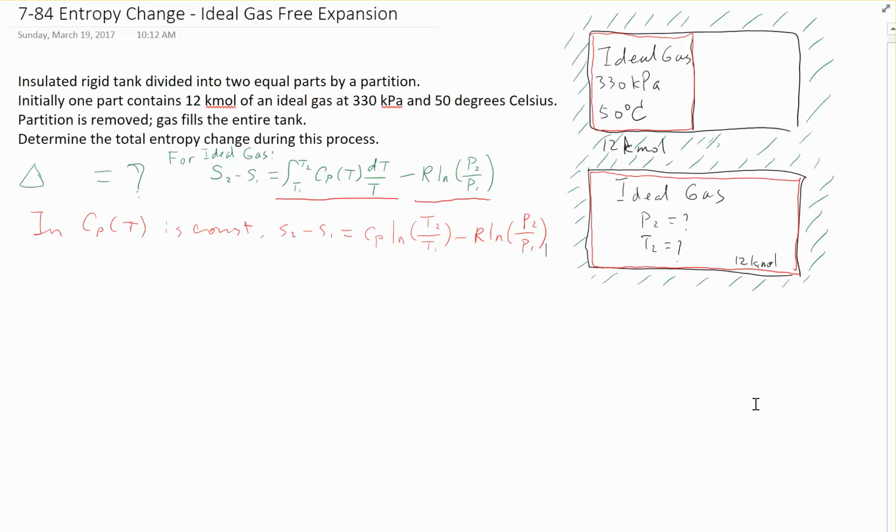And then when it reaches the wall of the rigid tank, it hits the wall and bounces back. And then after a few moments of back and forth, the system settles to its new equilibrium. So in this free expansion process, there's no work done. The system does not do any work.